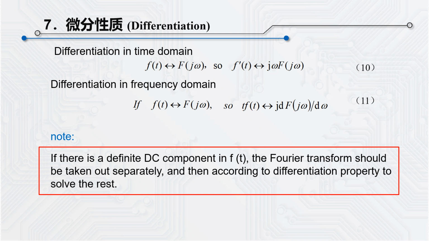Well, which fields can we apply differentiation to? In complex variable function theory, it can be used to simplify the Fourier transform of time domain signals. In addition, in engineering, it is often used to solve differential equations in the time domain. This will be discussed later.